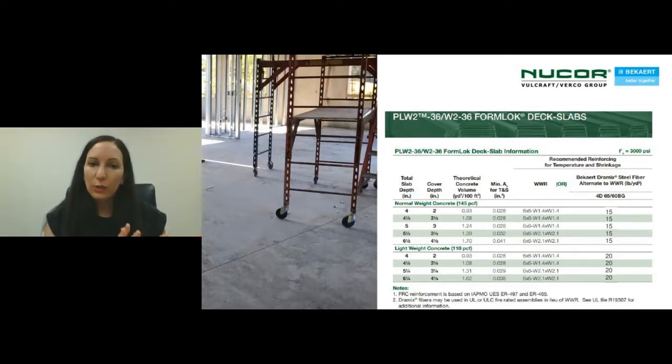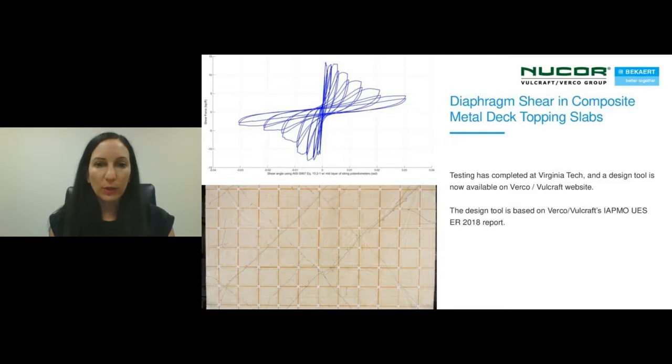So in addition to using steel fibers for temperature and shrinkage crack control, you can also now utilize it for diaphragm shear. This was another testing protocol that was done at Virginia Tech. There is another Iatmo report that Verco Vulcraft completed. That's report number 2018.